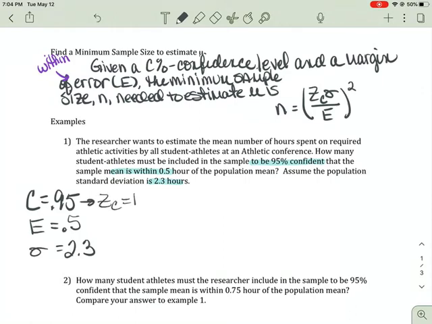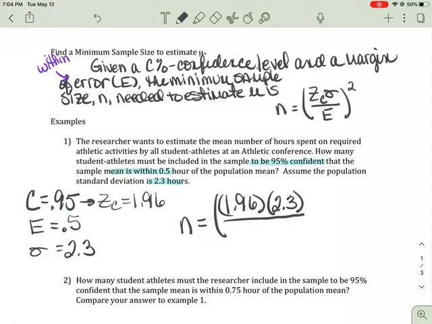Okay. So our Z sub C is 1.96. So N is equal to 1.96 times 2.3 all over 0.5, quantity squared. Okay, don't forget to square your answer.